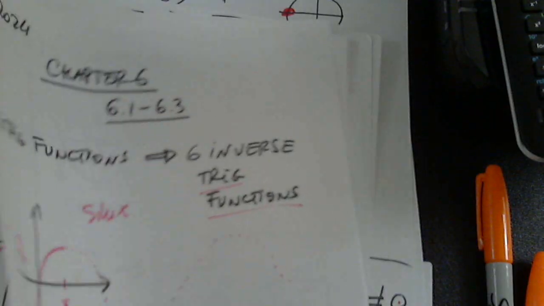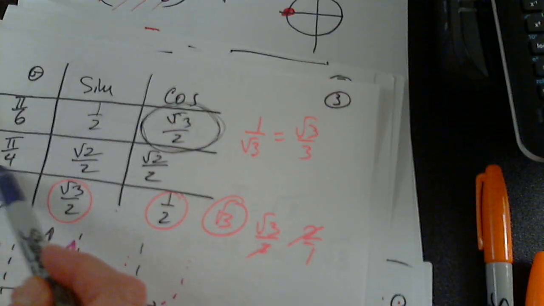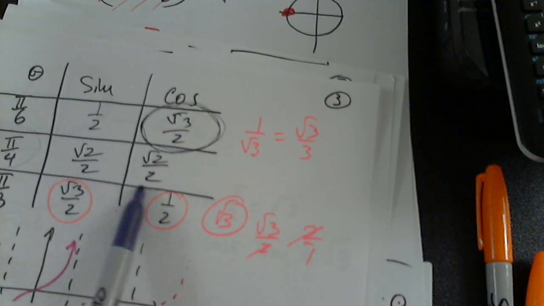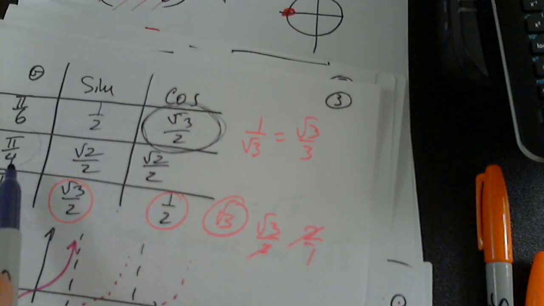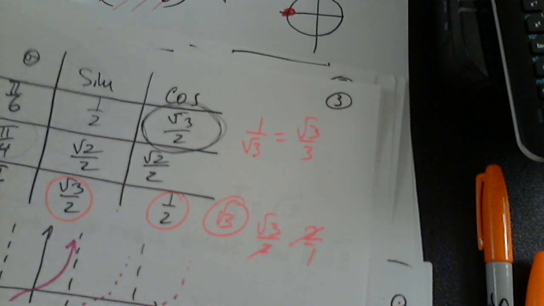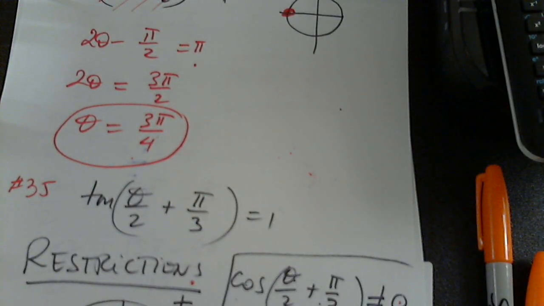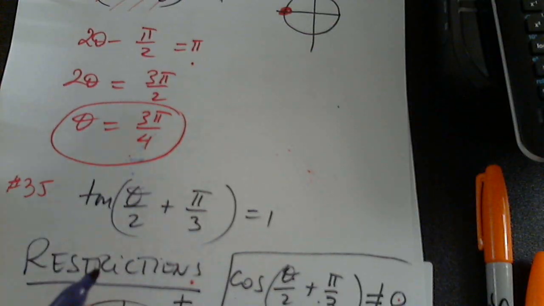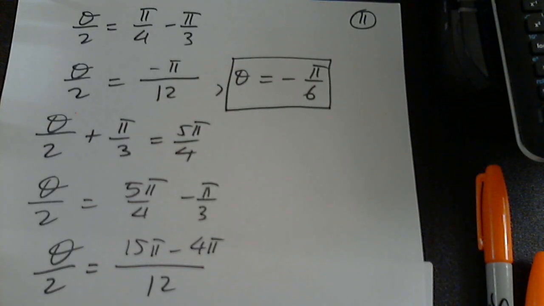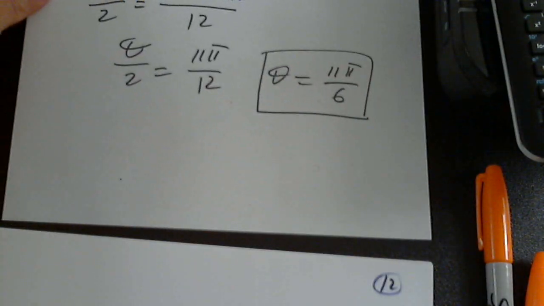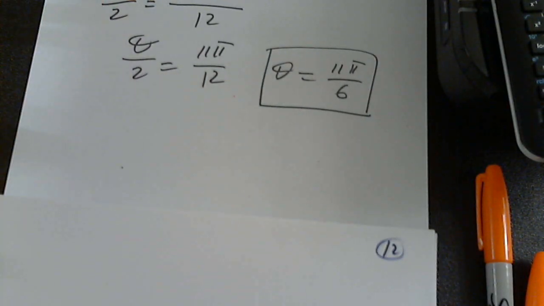So you have to memorize this table. This is the only angle in which sine and cosine are the same, so then therefore tangent is 1. Oh, I see it now. Yes. So everything goes back to those three numbers. Perfect. Everything else okay? Yes. Perfect. Very good question.